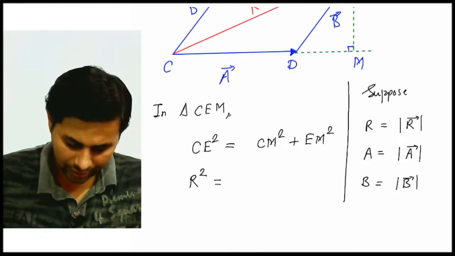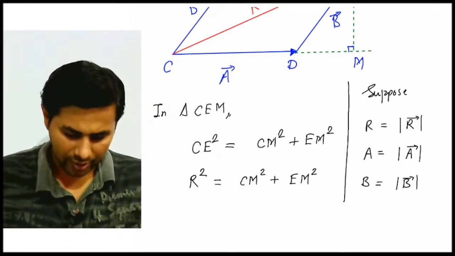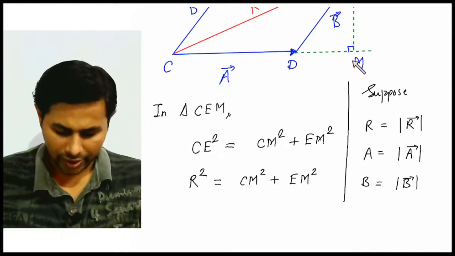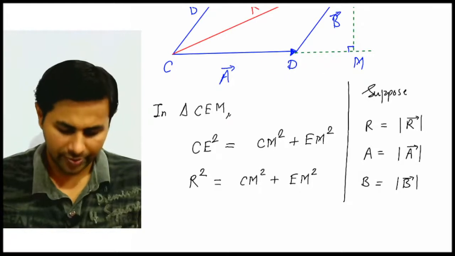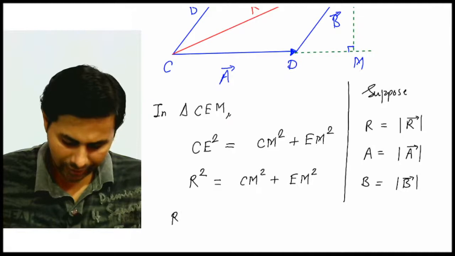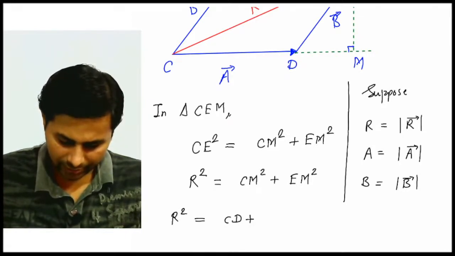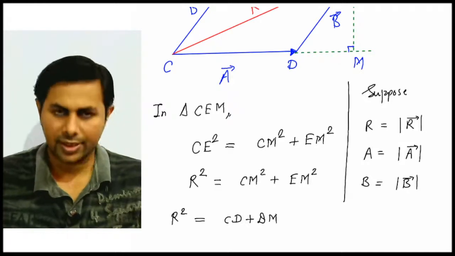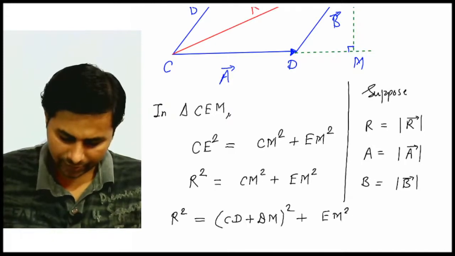So this is equal to CM square plus EM squared. Then over here I can say CM is equal to CD plus DM. So I have R square equals CD plus DM, whole squared, plus EM squared.